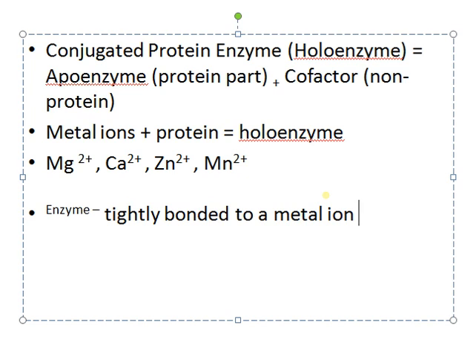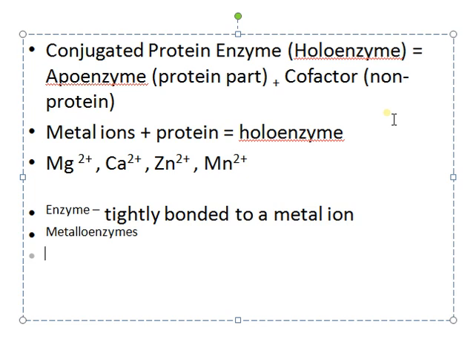In certain cases, enzymes are tightly bonded to the metal ion. In that case it is known as a metalloenzyme. Sometimes the metal ions will be tightly bonded to the enzymes. In such cases, such enzymes are known as metalloenzymes.